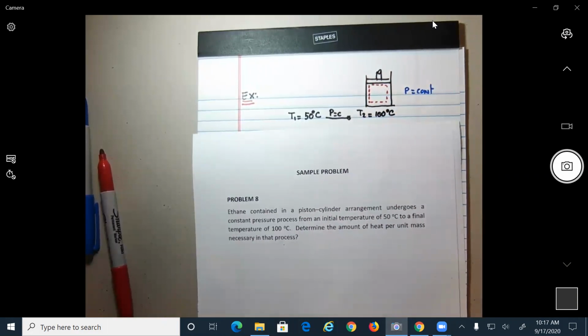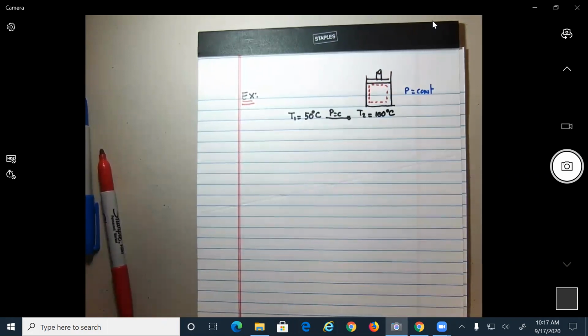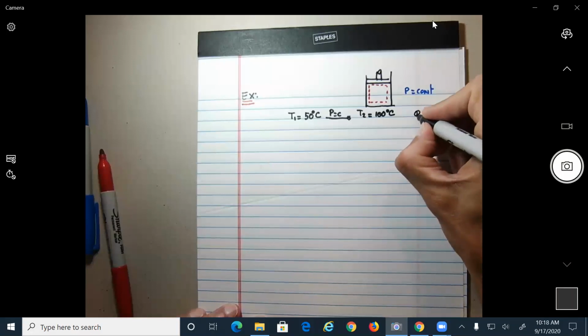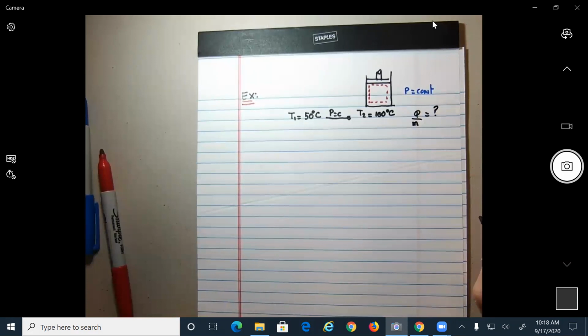Determine the amount of heat per unit mass necessary in that process. So basically what we need to find over here is Q over M. Okay?